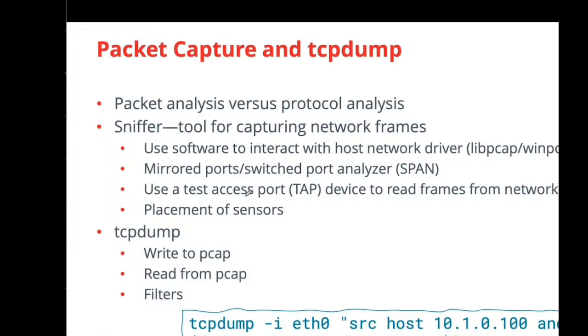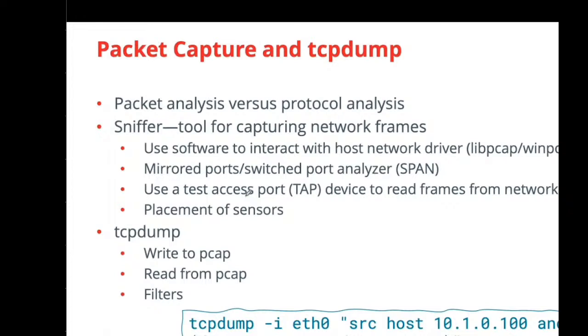Network traffic can be captured from a host or from a network segment. Using a host means that only traffic directed at the host is captured, and capturing a network segment can be performed by a switch port analyzer, that is a SPAN port or mirror port. It's basically a network switch configured to copy frames passing over designated source ports to a destination port, which the packet sniffer is connected to.